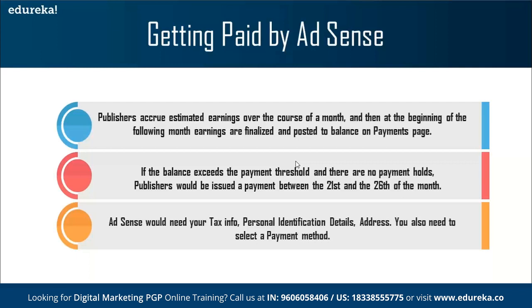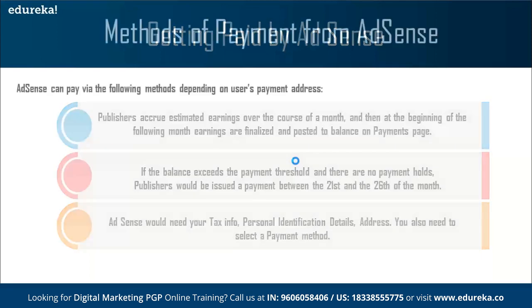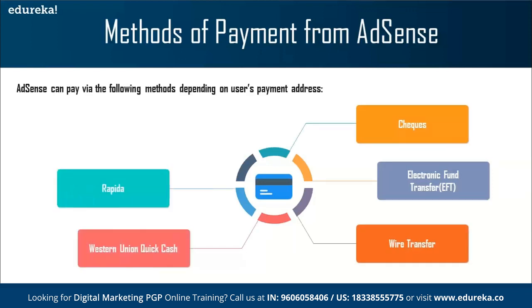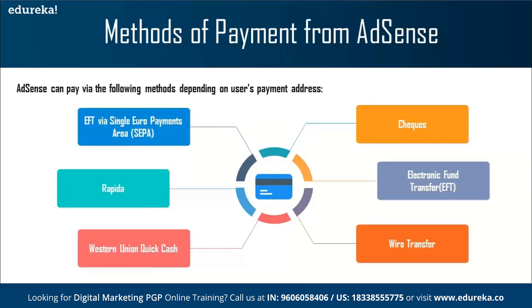Also, AdSense would need information about your tax information, your personal identification details, and address. You also need to select a payment method. So these are the different payment methods. AdSense has been very lenient here, depending on different countries and their rules.